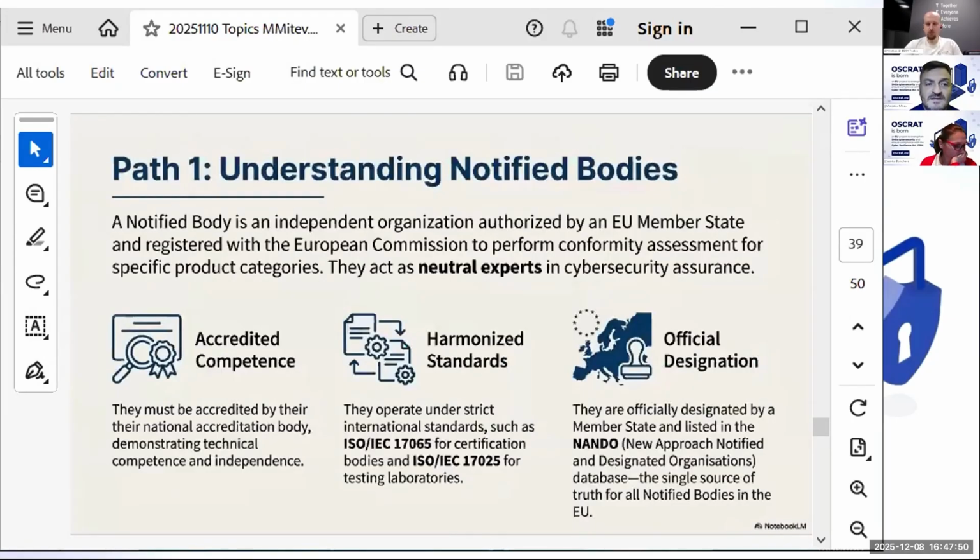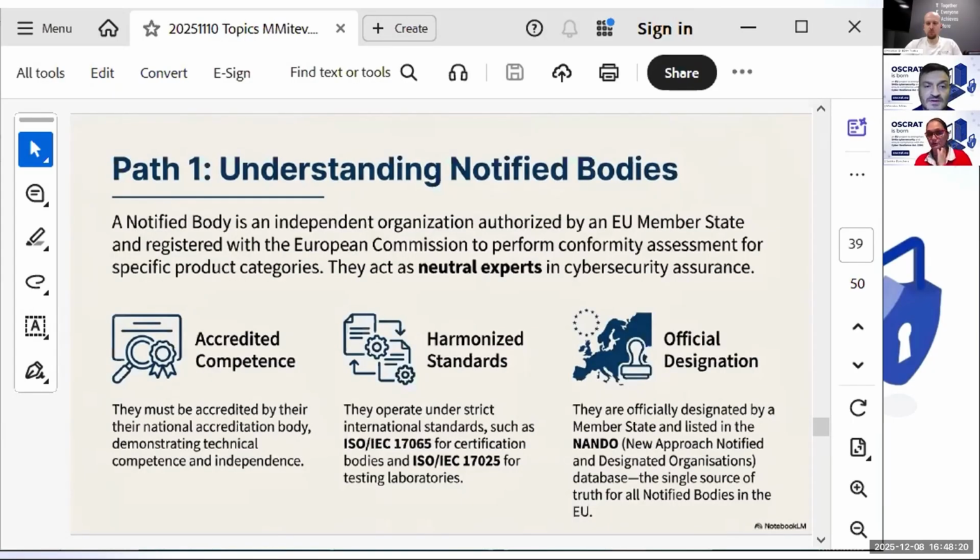A notified body is an independent and accredited organization that has been authorized by an EU member state to conduct conformity assessment for specific product categories. It is also registered with the European Commission in the official NANDO database.